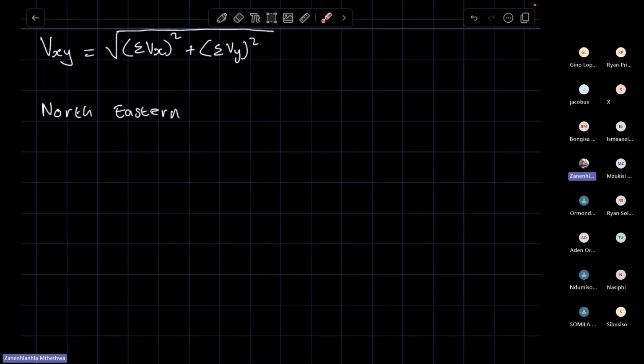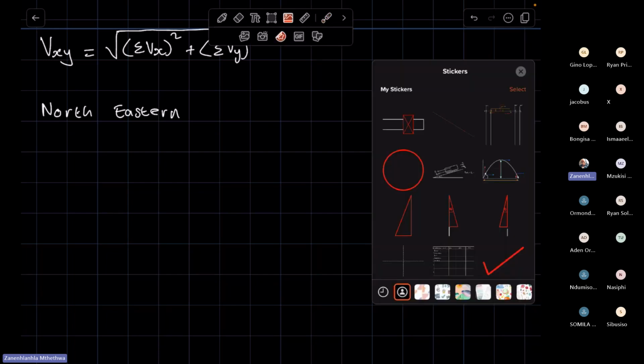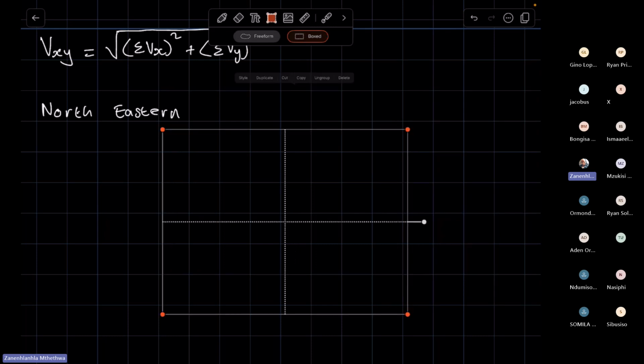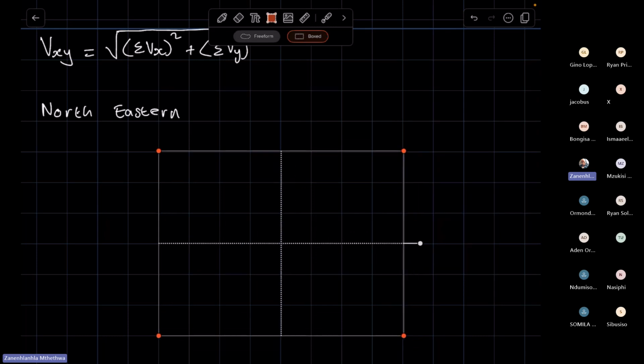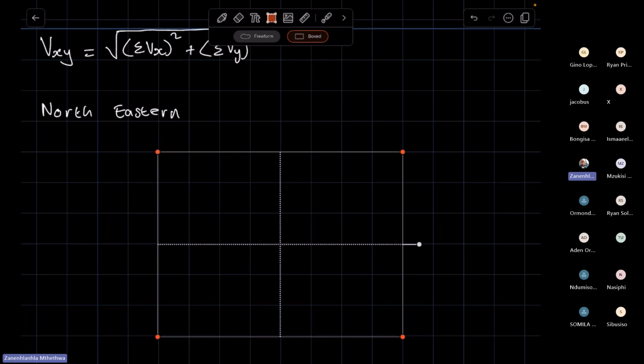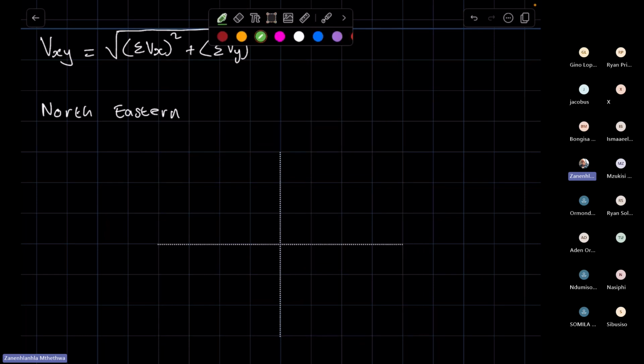Now when you are given directions like this one, northeastern, northwestern, southwestern, southeastern, right, you always assume that if you think of the Cartesian plane, when they say a vector is northeastern, northeastern would be in the first quadrant, right.